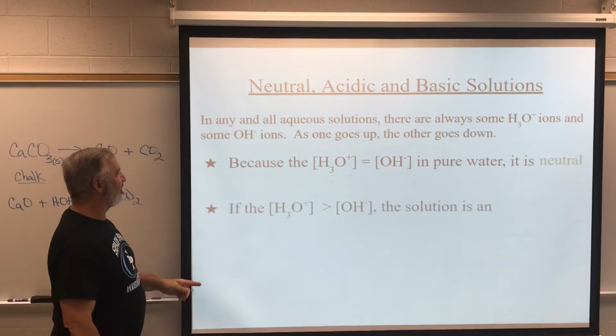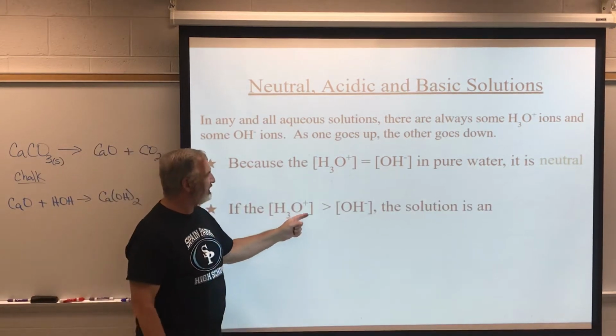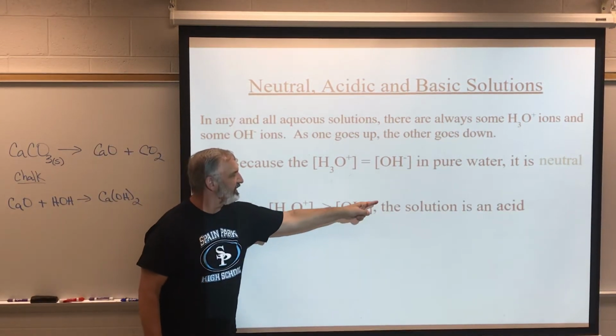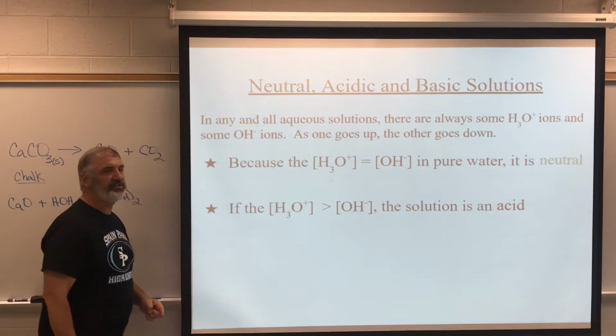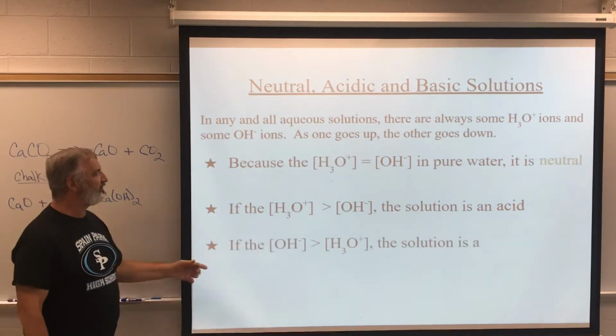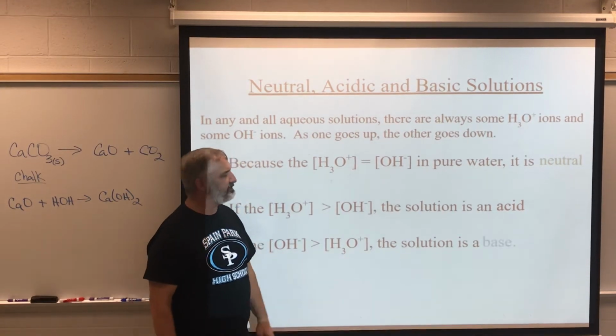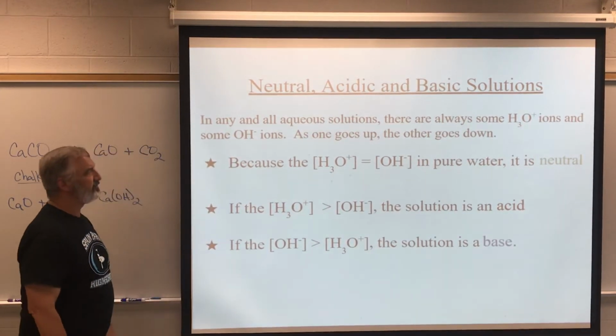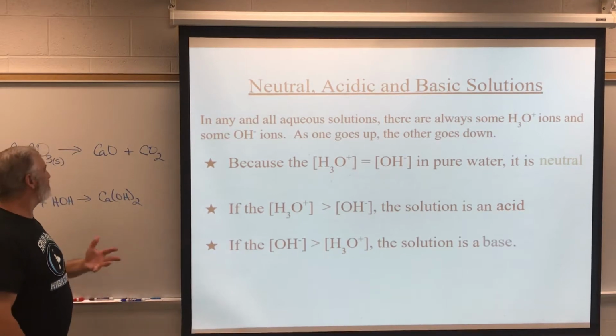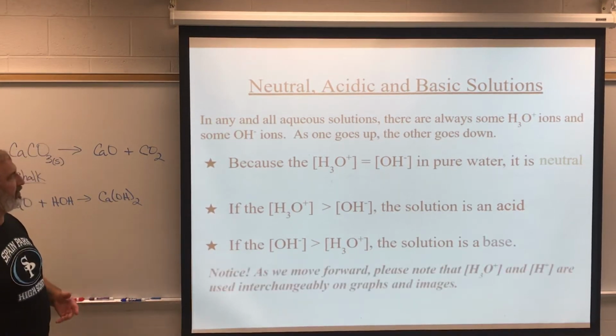But in an acid, H3O plus is going to be greater than OH minus, and so that's going to make it an acidic solution. If the OH minus, though, is greater than H3O plus, that tells me that it's going to be a basic solution. Okay? So you're always going to have some, but they're inversely proportional to one another.